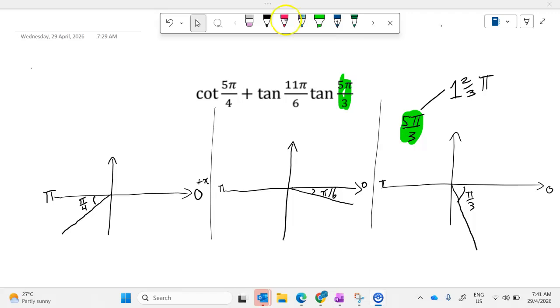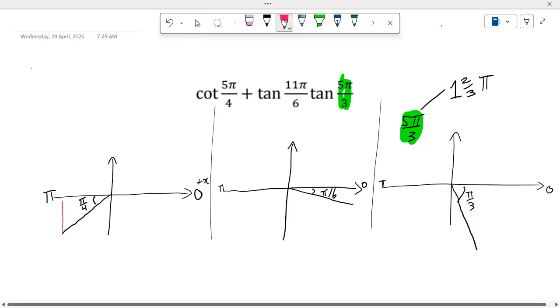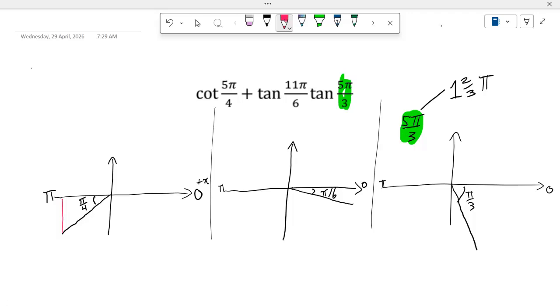So now what we need to do is just create our triangles. I'm just going to pull this back. You always pull it back to touch the x-axis so that your 90-degree angle is over here. We'll do the same with the other two.